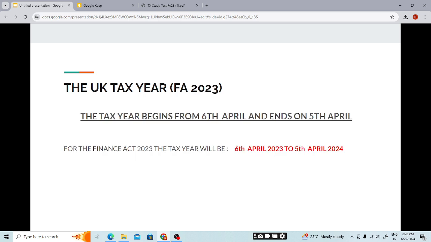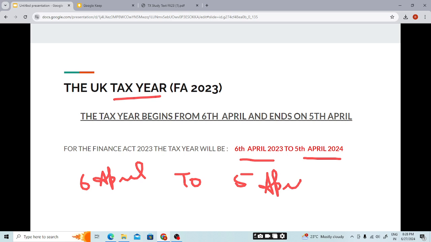So the next is the taxation year for UK. Each country will have its own taxation period. For UK, the taxation period is 6th April 2023 to 5th April 2024. That is 6th April to 5th April. The tax year is like that.